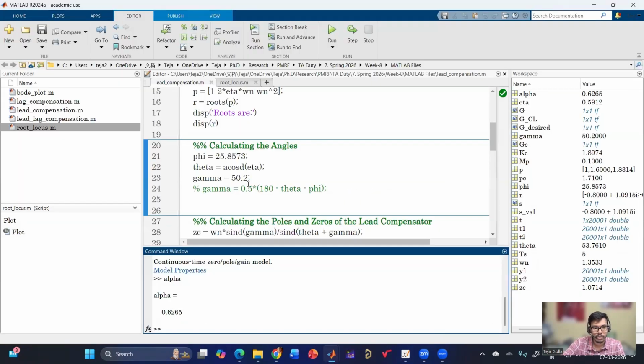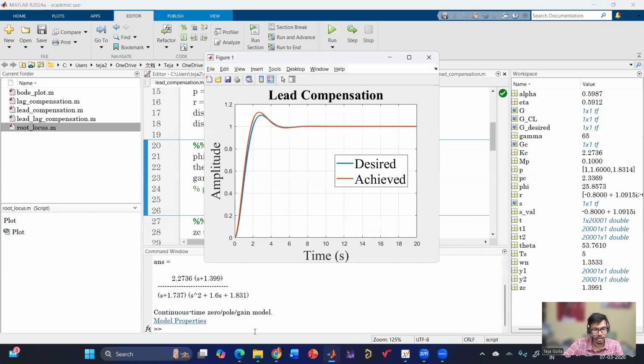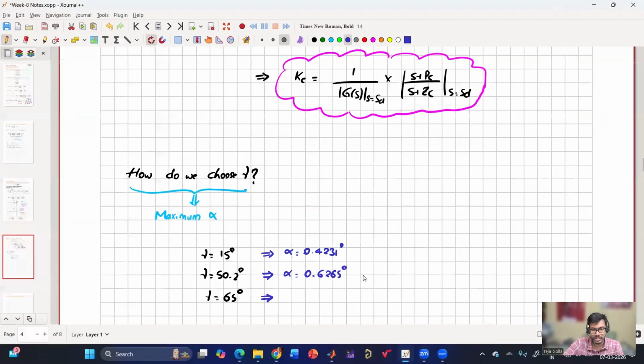And then for 65, how much is my alpha? So for gamma to be 65, alpha is 0.5987. So it has reduced again. 0.5987 degrees.